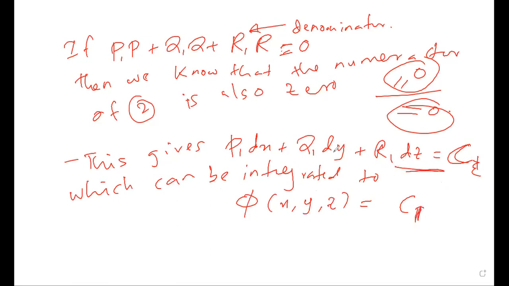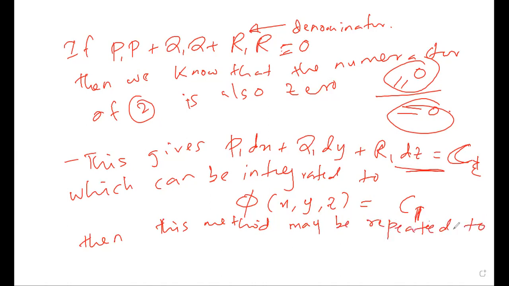So from this, if we integrate, we get phi xyz equal to C1. Then this method may be repeated to get another integral, that is chi xyz, that will be C2.